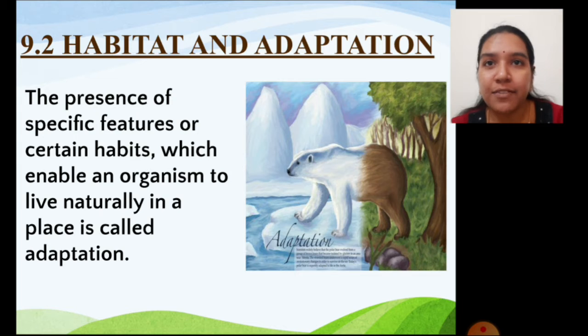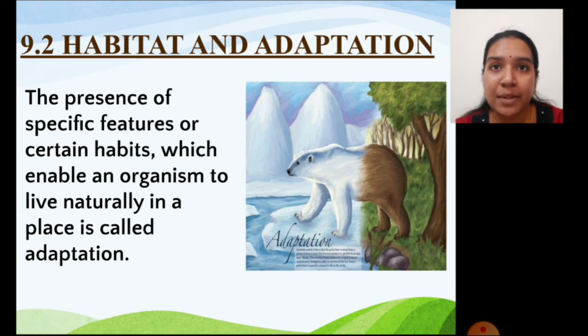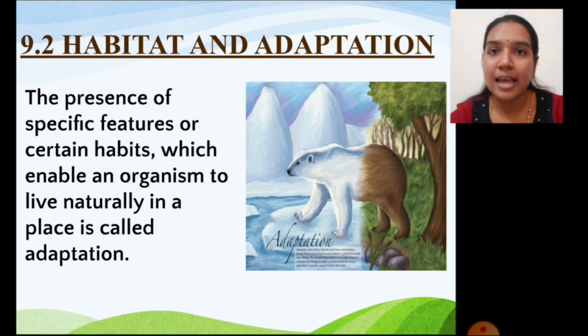The proper definition for adaptation is the presence of specific features or certain habits of an organism which enables it to live naturally in its own way in a place or in its habitat. Now you understand what adaptation is.